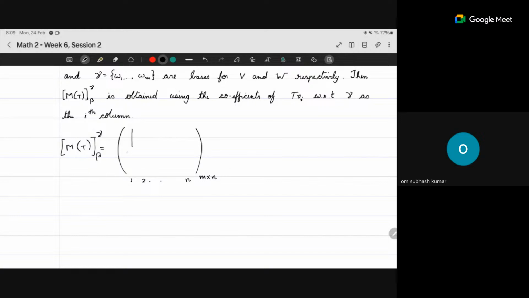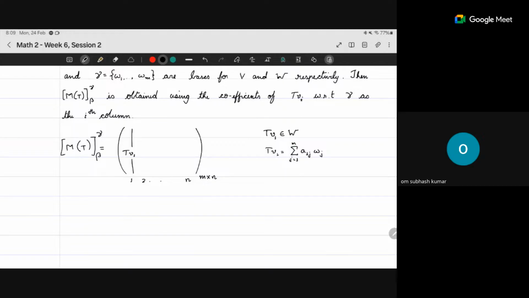Let's do the first column, for example. You take T V1. What is T V1? T V1 is a vector in W. So T V1, I can write it as a summation of A1j Wj, as j goes from 1 to m.